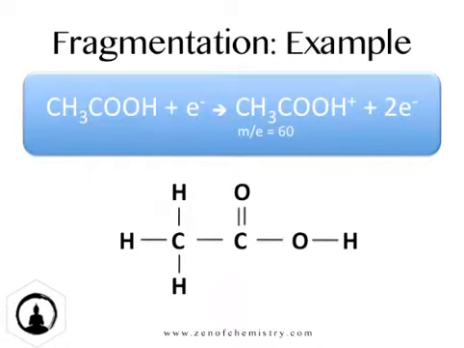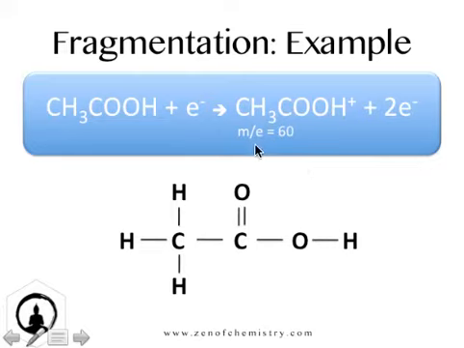So here's our example. We've got ethanoic acid. Our ethanoic acid is bombarded with high energy electrons. When that electron is ejected from our molecule, we're left with this parent molecular ion, which is essentially our molecule minus an electron.